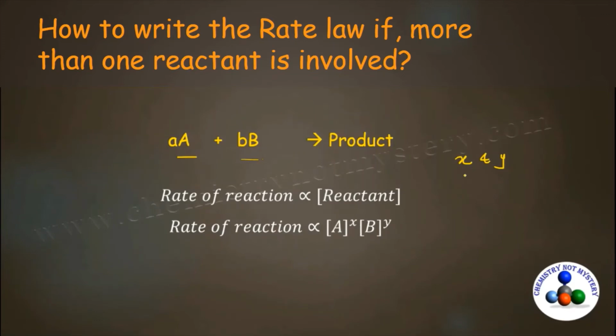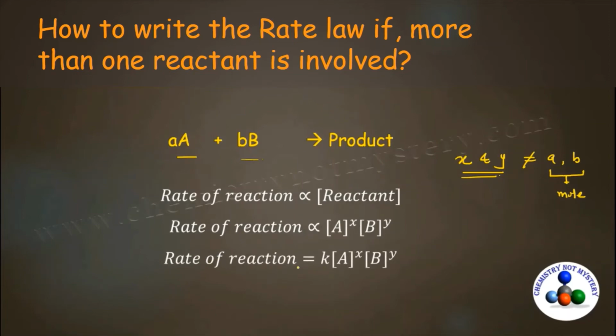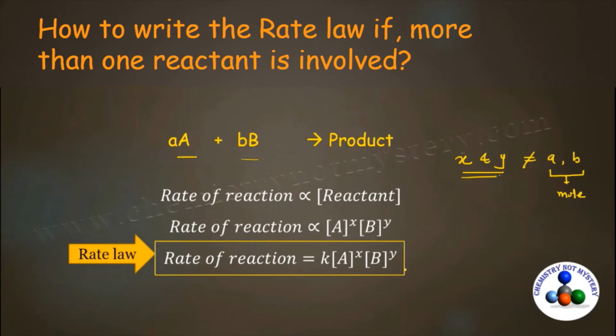Here x and y are experimentally determined quantities. They have no relation with a and b, where a and b are the moles of reactants in a balanced chemical equation. So when you remove the proportionality sign, you will get rate of reaction is equal to K, A raised to the power x, B raised to the power y. So this will be the rate law for this given equation.